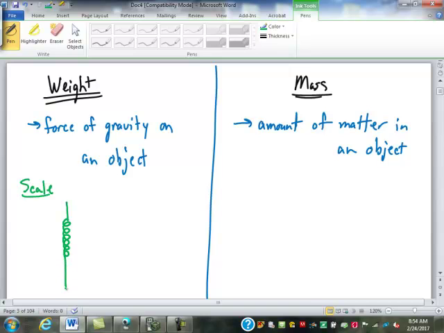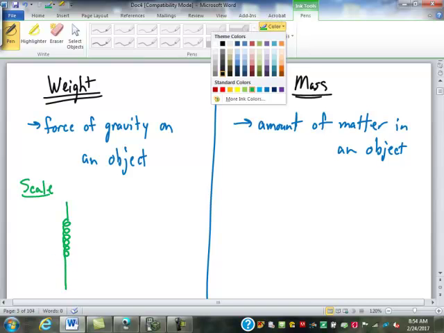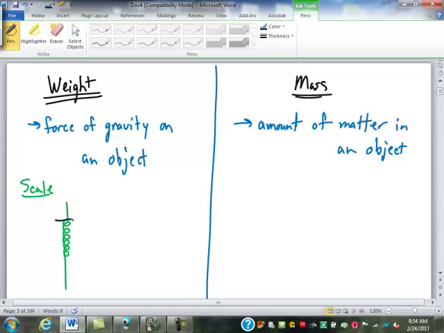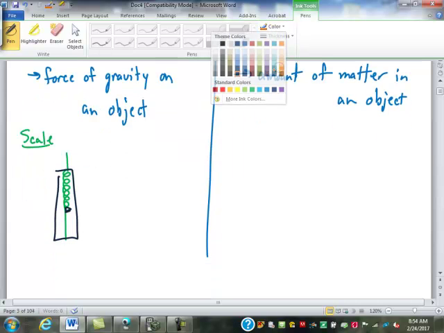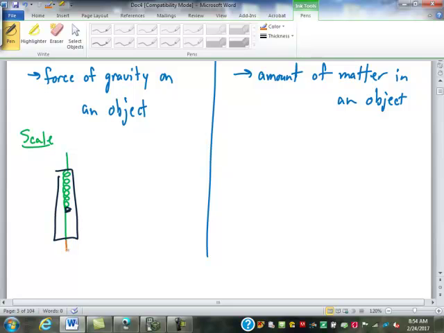So a scale is you have a spring set up, then you have an indicator that's attached to that spring, like so. And when you hang your weight to the bottom of that, it stretches the spring, and that indicator then moves according to how far that spring stretches. The further the spring stretches, the heavier that object is.